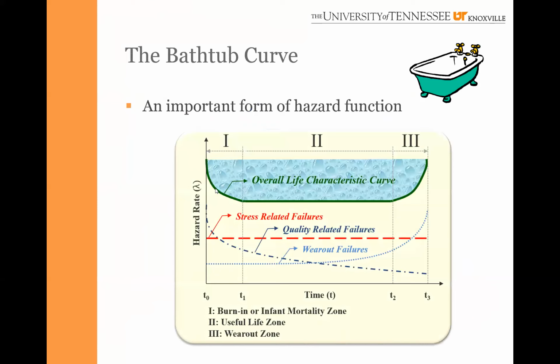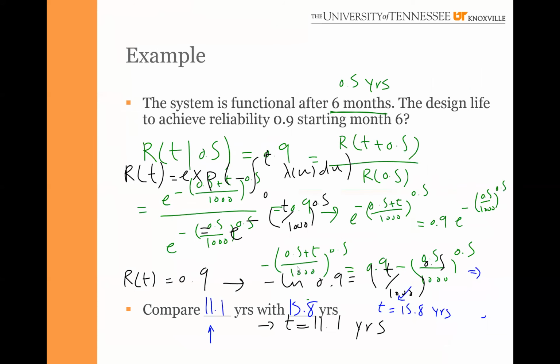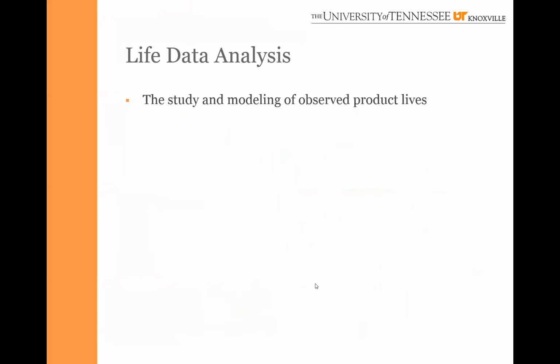The good thing is your customer is not going to have a lot of failures early on in the life cycle of the product. Does that make sense? It's very counterintuitive, but they showed it, and you can calculate it. Any questions?